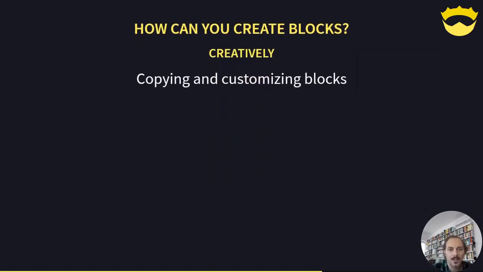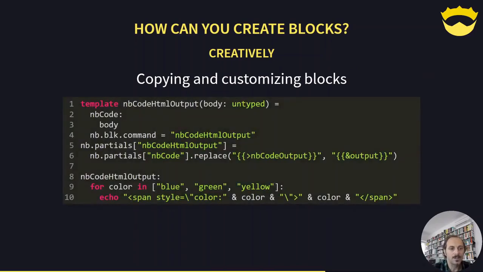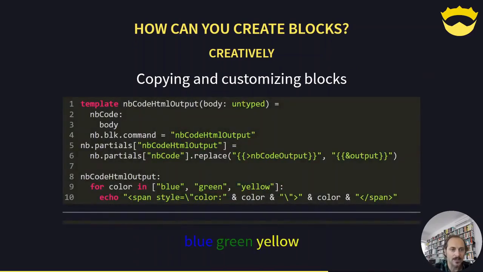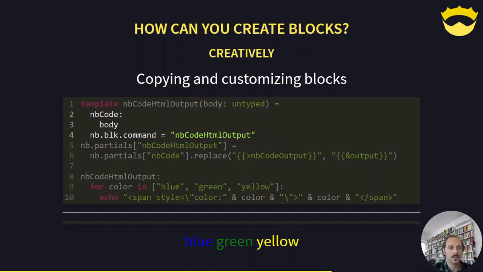In particular, you can copy and customize your blocks. For example, if I want to create a block that will output 3 spans of 3 different colors, so it will output actually HTML, what do I do? I use the NB code block, and I change the name of the block to NB code HTML output. This is how I decided to call this template.